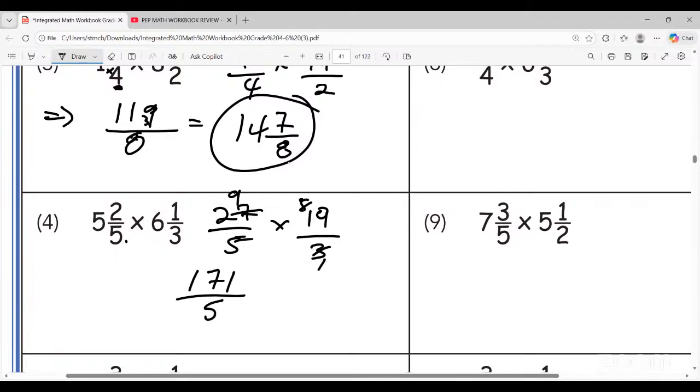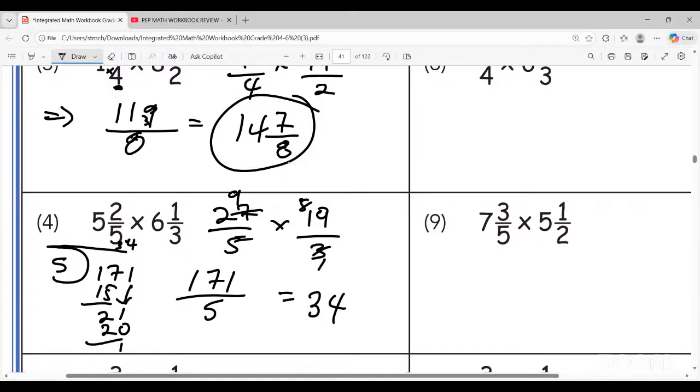How many groups of 5 can we get out of 17? 3 5s are 15, remainder 2, carry down or 1 to make 21. And 5 into 21 goes 4 times, 5 4s are 20. So we have a remainder of 1. So it's 34, remainder 1 and 5.